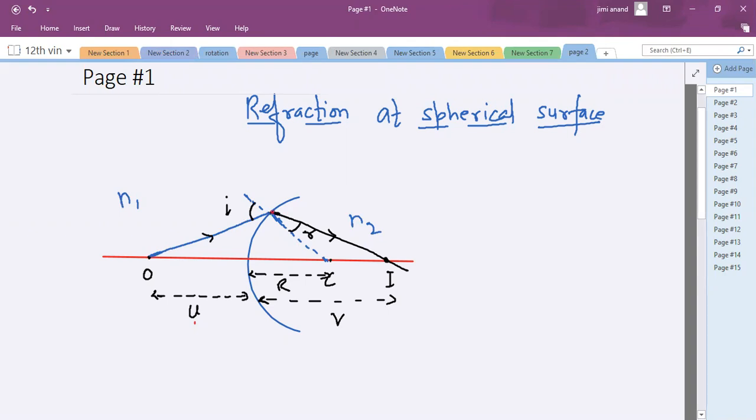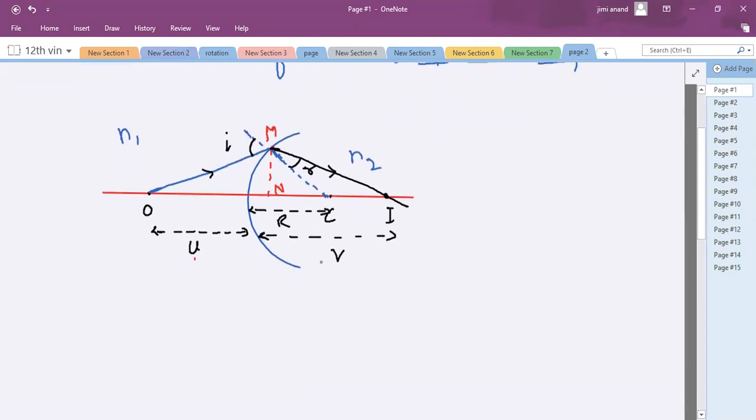Now take this point as M, and this point as N. Let us see triangle OMC.